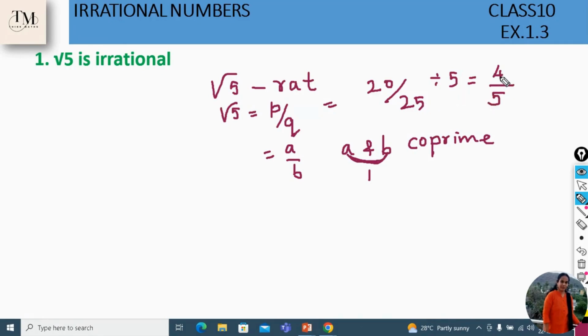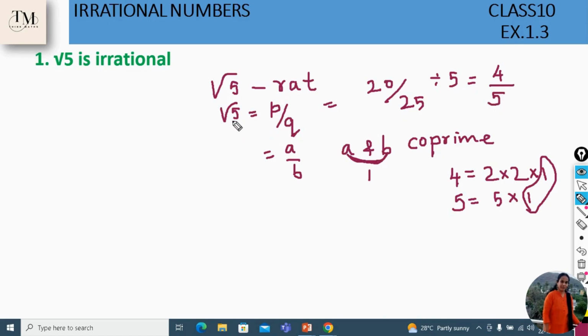Here 4 and 5 are co-prime because their common divisor is 1. 4 can be factorized as 2 into 2 into 1, and 5 can be factorized as 5 into 1. Their common divisor is just 1, so we can say the two numbers are co-prime. So here 4 by 5 is co-prime.